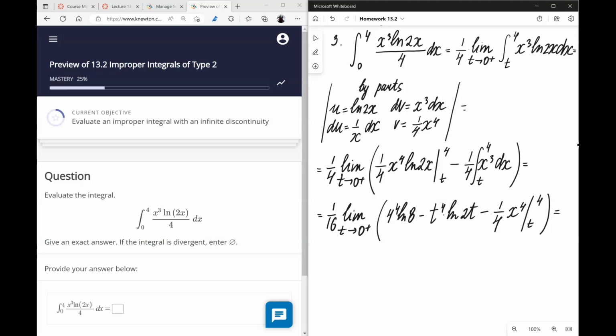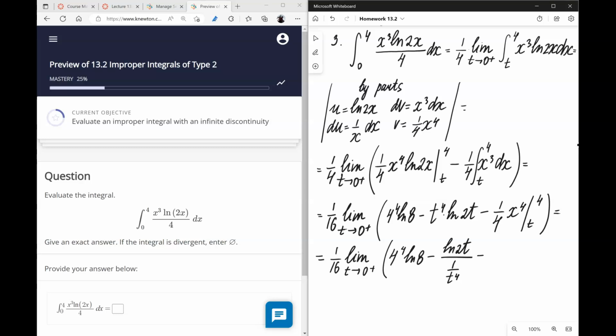And continuing. So we have 1/16 limit as t approaches 0 plus. So here we have 0 times infinity, so we're gonna address that by using L'Hopital's rule.